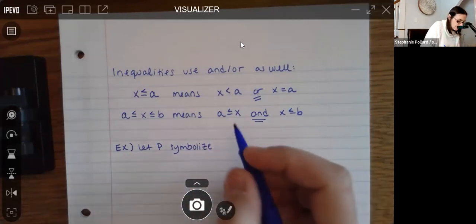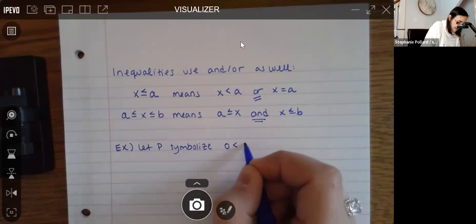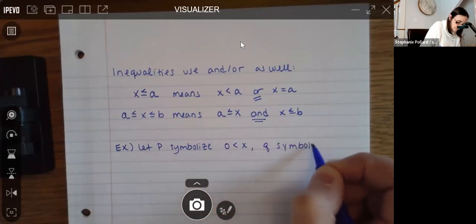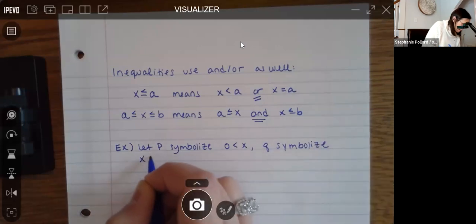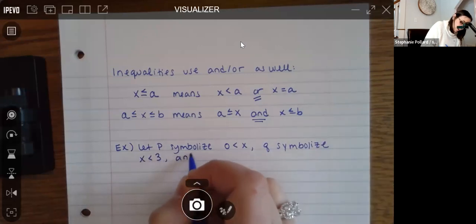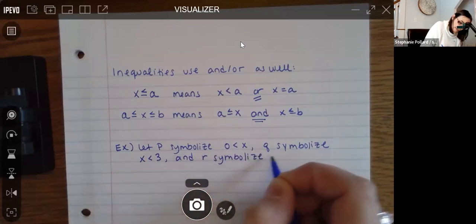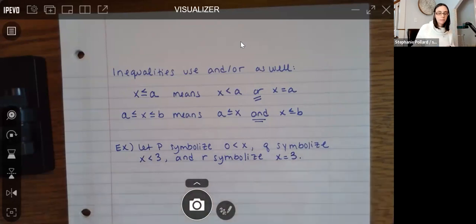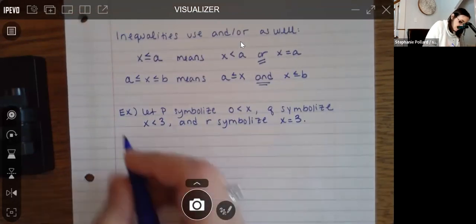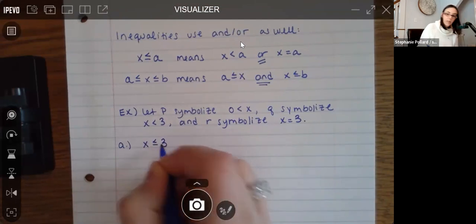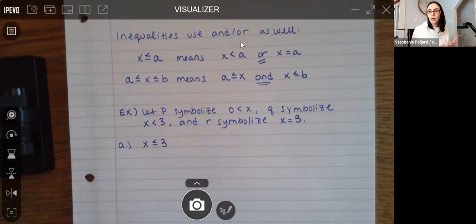So let's let P symbolize that 0 is less than x, and Q symbolize that x is less than 3. And we'll let R symbolize x is equal to 3. Let's say I want to take the inequality x is less than or equal to 3, and I want to write it using our new shorthand notation, using P, Q, R, the or symbol, the and, the not, whatever I need to do here.